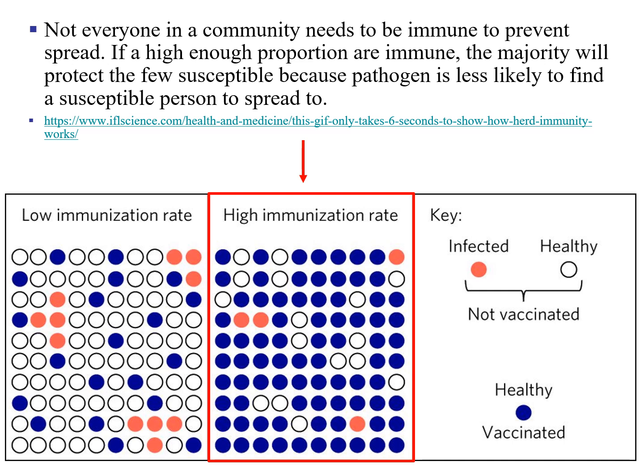The pathogen is less likely to be able to find the target, the person that is susceptible, so that it can enter and cause its action. So in the picture I have a low immunization rate, which is not protective. That is not herd immunity. So you cannot protect the herd unless you have a high immunization rate.